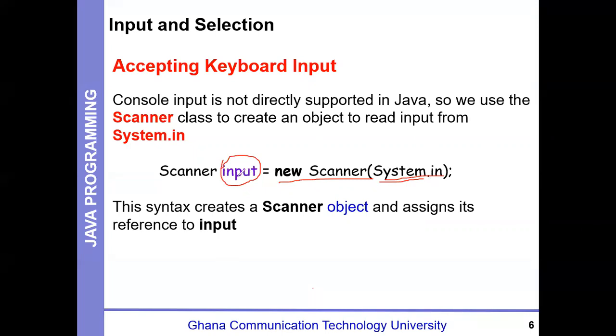So what we're saying is that when you create that object in the Scanner class, it should be able to take input. System.in is more like another class that has defined how input should be taken from the keyboard. When you hit the keyboard and something appears on the screen, to you, the user, it is very simple and straightforward.